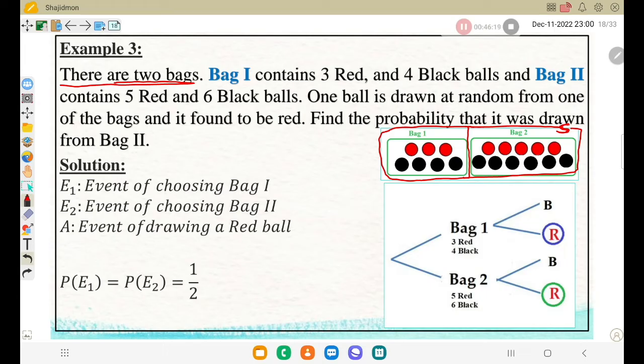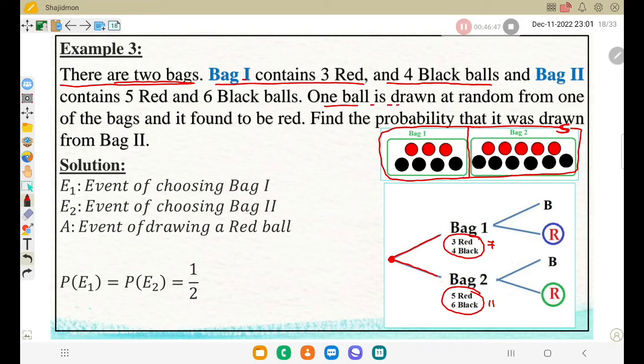So the first event is bag number 1 and the second event is bag number 2. Now bag number 1 contains 3 red balls and 4 black balls, so 7 balls in total, correct? And bag 2 contains 5 red balls and 6 black balls, so 5 plus 6, 11 balls in bag number 2.